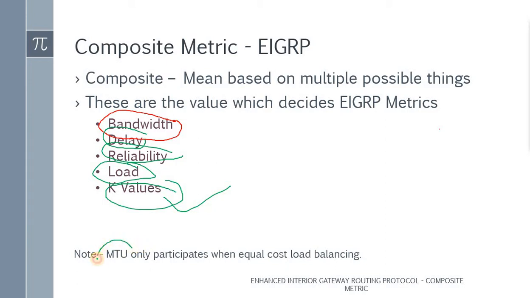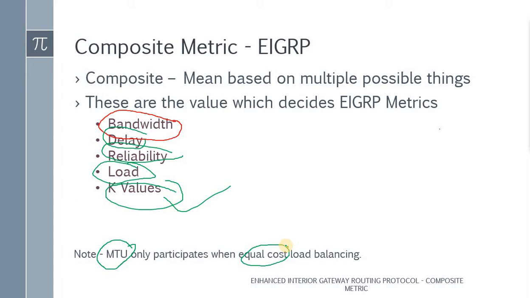You might have heard about MTU as well. MTU does not participate in deciding the metric. It only participates when equal cost load balancing has been configured, and packets are transferred over two different paths.